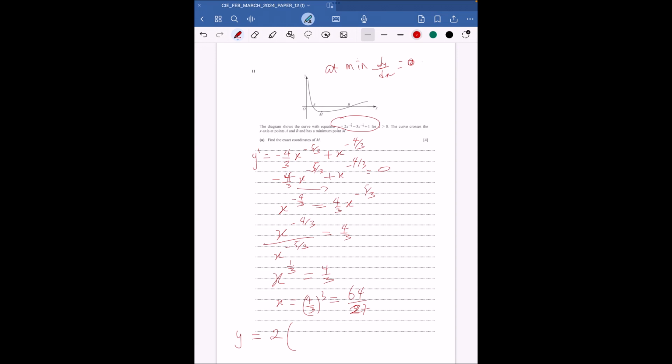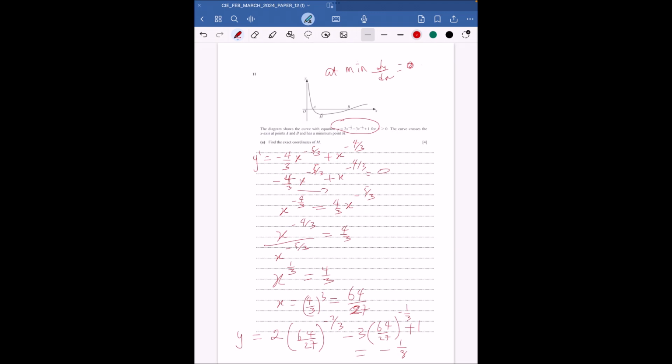So 2 times 64 over 27 to the power of minus 2 over 3, minus 3 bracket 64 over 27 to the power of minus 1 over 3, plus 1, so that will give me minus 1 by 8. So the coordinates are 64 over 27 comma minus 1 by 8. So that's my answer to that.